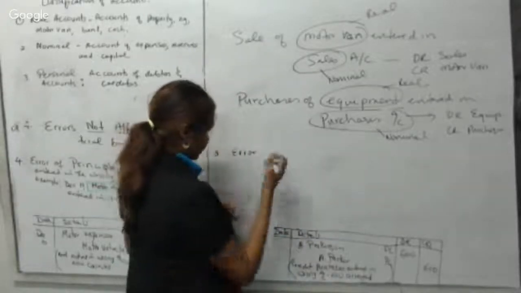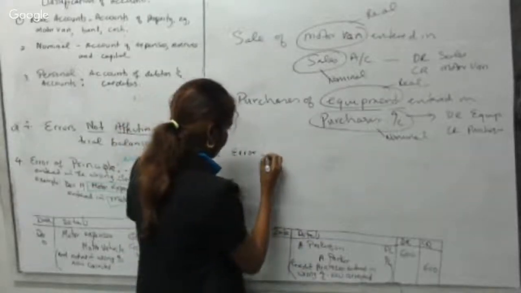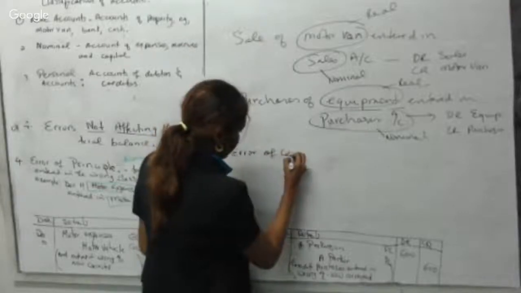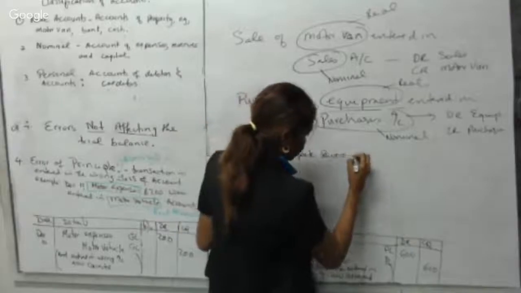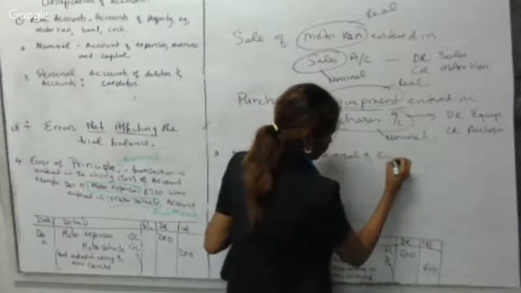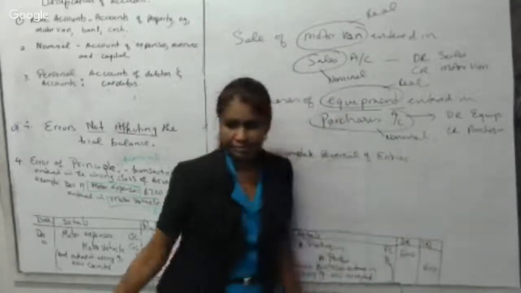Now this one, when we don't know double entry, we do all the time. Error of complete reversal of entries. What that means?